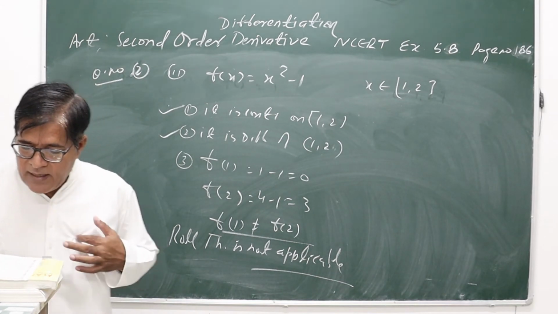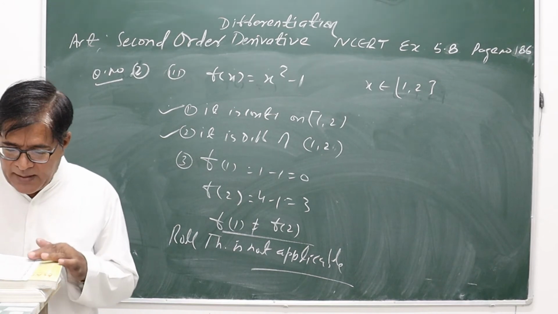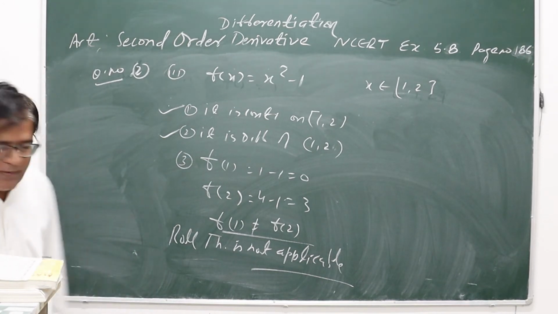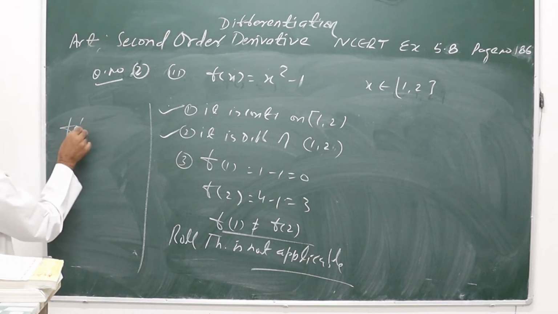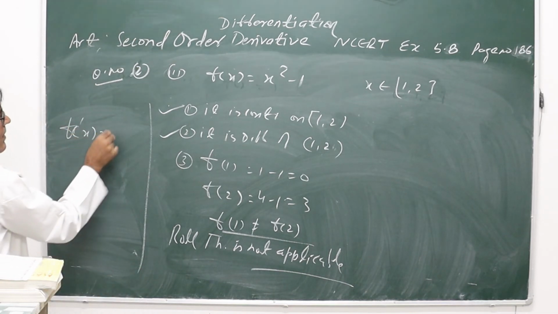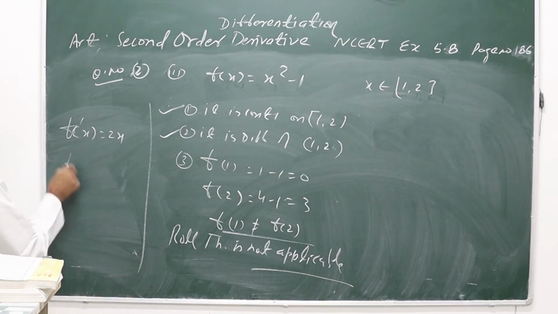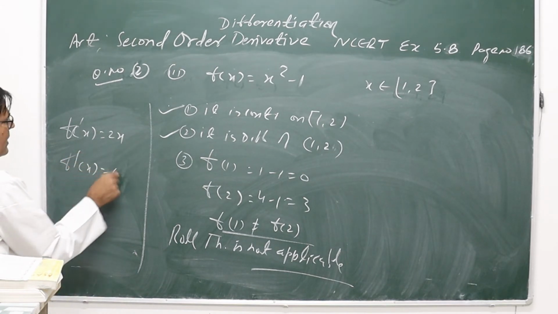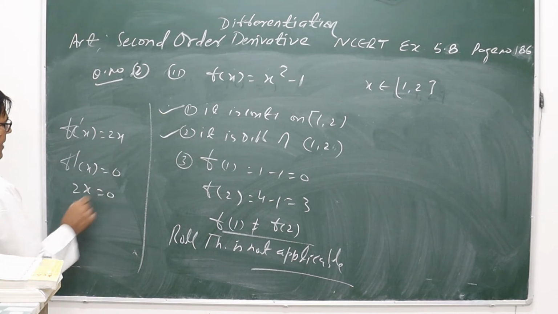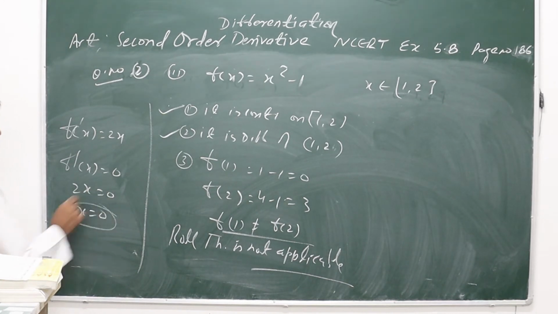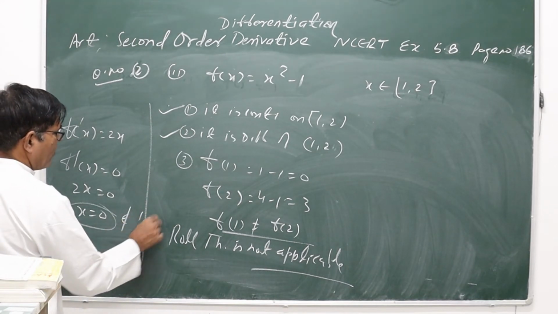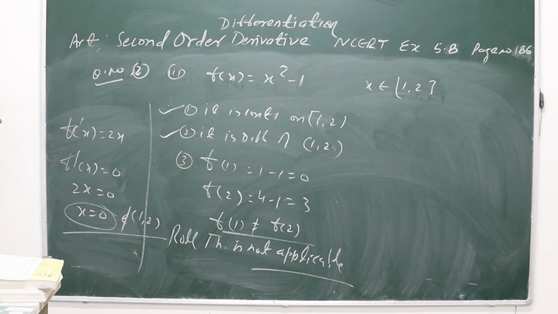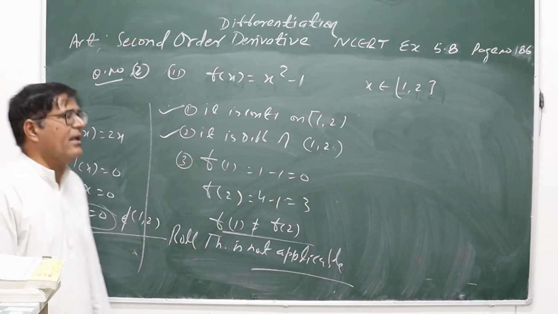Now for the converse के लिए Rolle's theorem is not applicable. अब अपन पहला डेरिवेटिव निकालते हैं. तो given फंक्शन का पहला डेरिवेटिव f dash x जो है वो किसके बराबर आ रहा है, 2x के, और f dash x को मैं अगर 0 के बराबर पुट करूं तो 2x बराबर 0 means x बराबर 0 and 0 is not belongs to 1 comma 2, therefore Rolle's theorem is not verified.